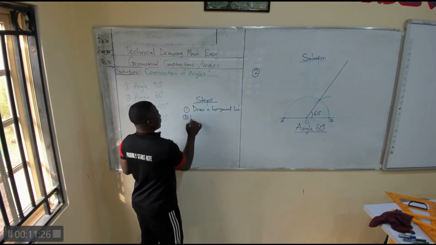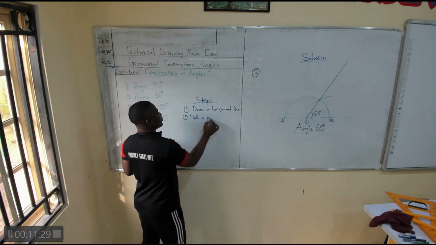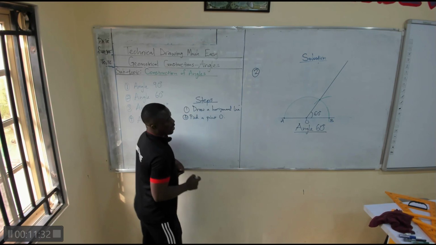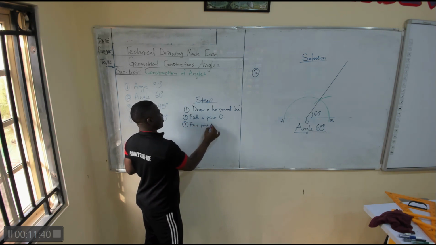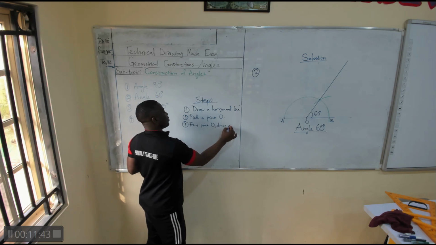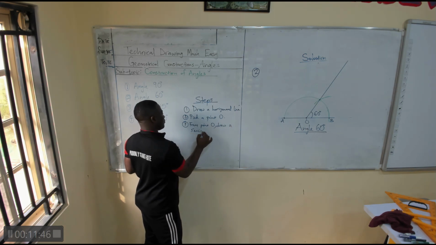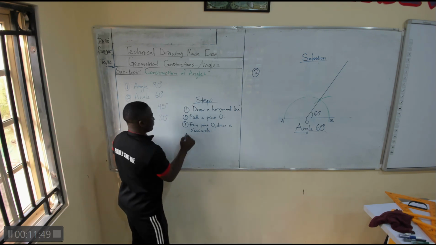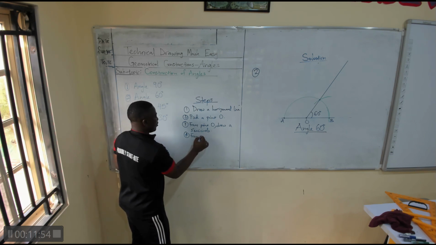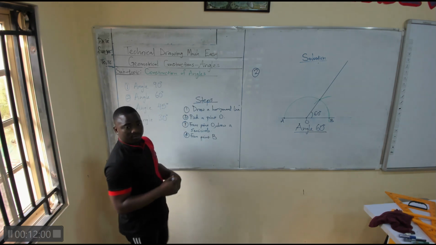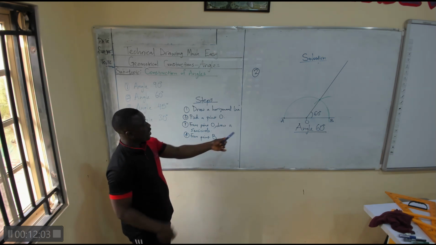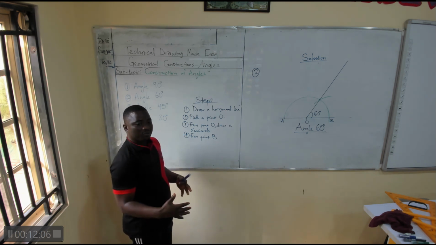Second, we pick the point O, where our angle is going to be. Third, from point O, we draw a semicircle. Then on the semicircle, from point B, your own could also be A, depending on the side you are drawing the angle from.